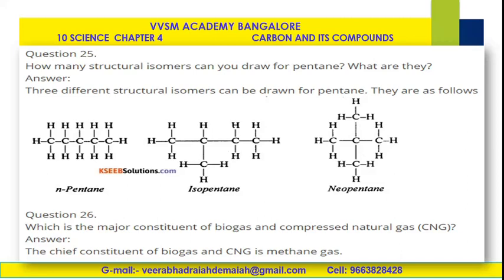With the same molecular formula C5H12, there are isopentane, neopentane, and normal pentane. All these have the same molecular formula, but they have different structural formulas because of the tetravalency of the carbon atom. So, my dear friends, this is normal pentane, this is isopentane, and this is neopentane. These pentane structures have different structural formulas, hence they are called isomers. This process is called isomerization.